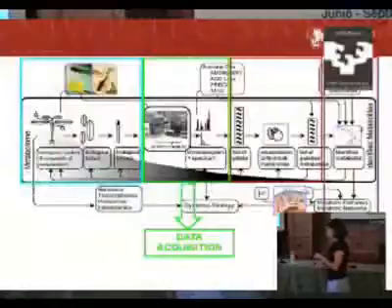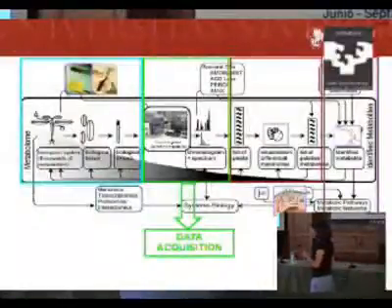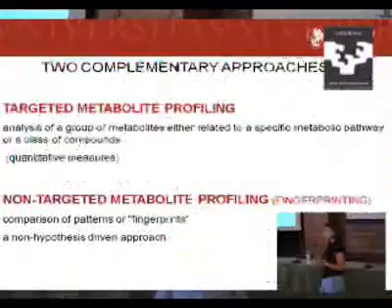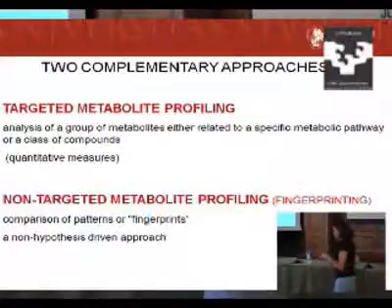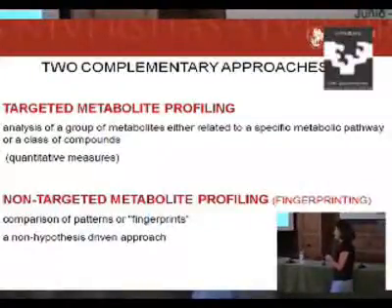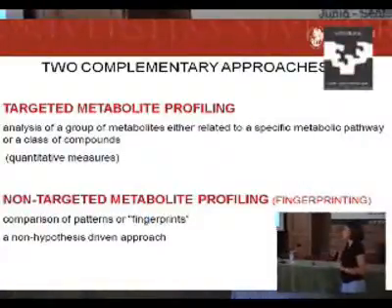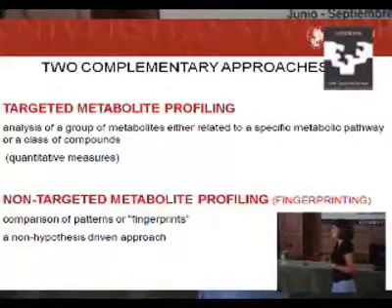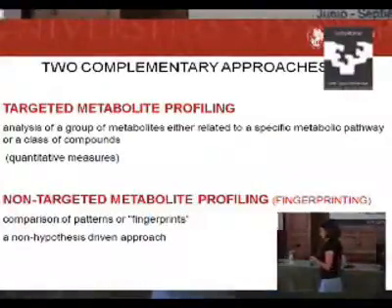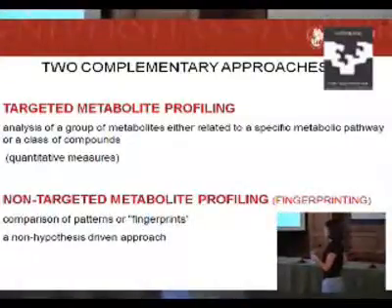Then once you have the sample, the next step is to inject it in the instrument, in your equipment, and to get data for your study. And there are two different technical approaches, targeted or non-targeted metabolite profiling. The first one consists in analyzing a group of metabolites that are related to a specific compound or a specific metabolic pathway that you want to study, and it's very useful for getting quantitative measures.